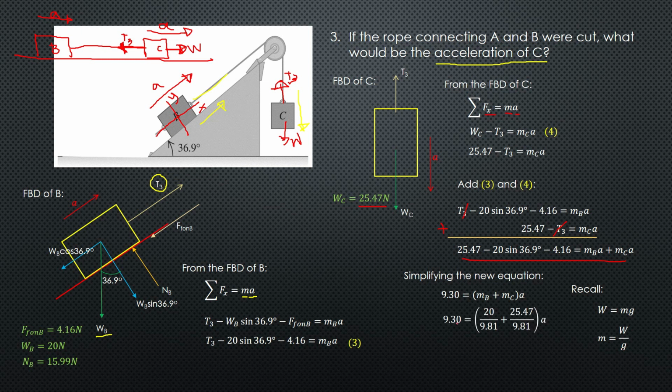So mass of B is WB, which is 20, over 9.81, plus mass of C, the weight of C, 25.47 over 9.81, multiplied by acceleration. Then simplifying this equation, you get an answer of 2.01 meters per second squared, and that is the acceleration of crate C.